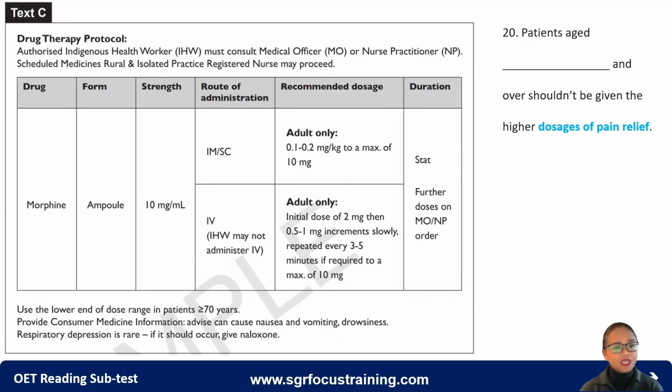And in the bottom area, I only found one with age, and that is greater than or equal to 70 years. Okay, so which means that the answer in here will only be 70. Why? Because your question already has the words and over.